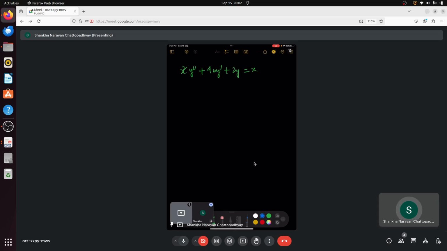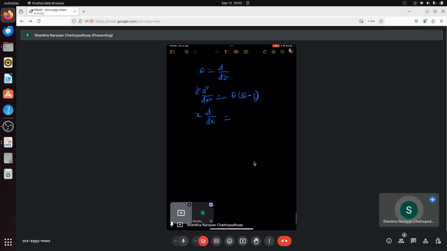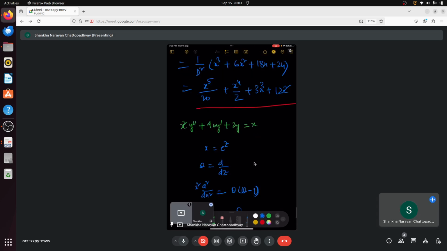So okay, you need to just substitute x equal to e to the power z. Assume that this operator theta is d/dz. So what do we know? x squared d2/dx2 is actually theta into theta minus 1, and x d/dx is actually theta, right? So you need to just replace.